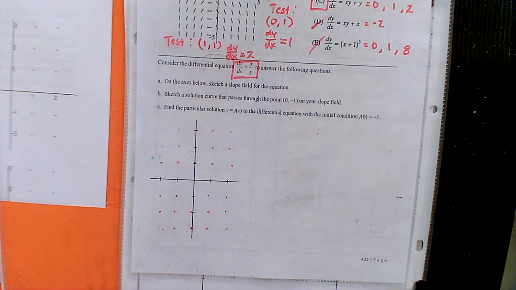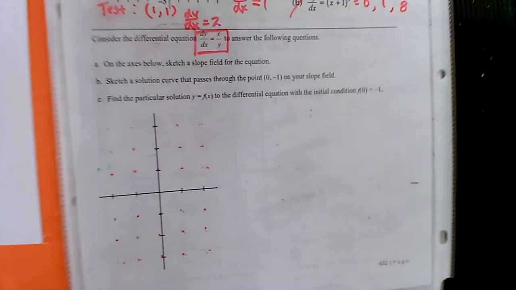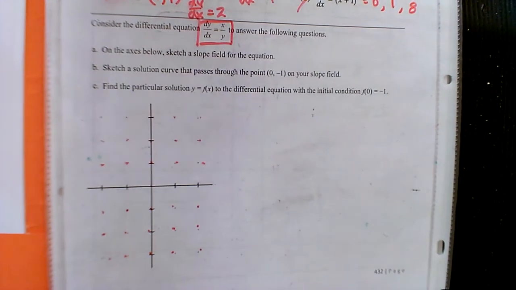You do not have to go on the x-axis. Maybe you'll start to see a pattern after a while. Maybe not. Maybe you want to do each one individually. Completely up to you.